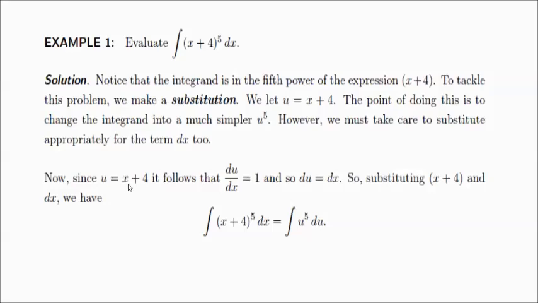Right? The derivative of x is 1. So the derivative of u with respect to x is 1. Then cross multiply, class, du is equal to dx. Actually, here you can also say the derivative of u is equal to the derivative of x. That is also possible, so it is not confusing. Then the derivative of a constant is 0, right? So therefore, we also replace dx with du, class.